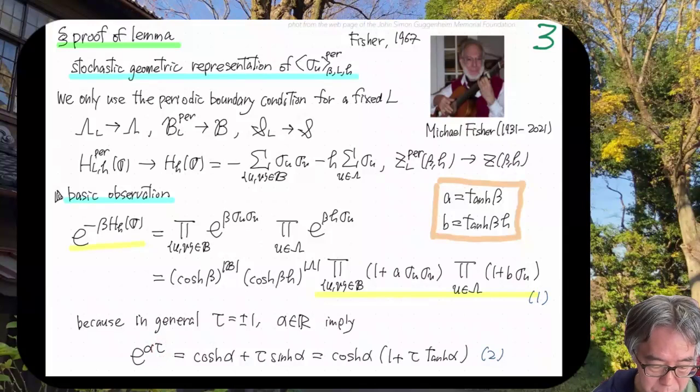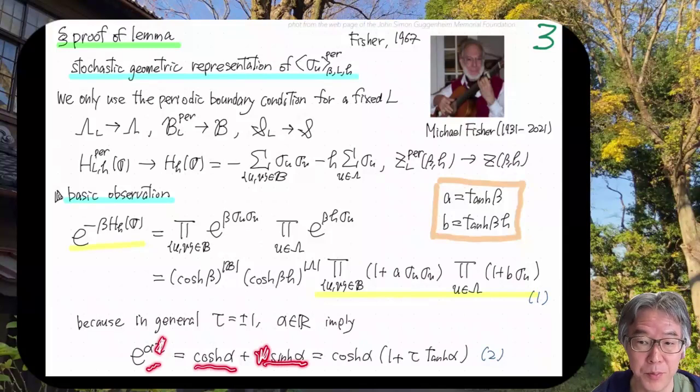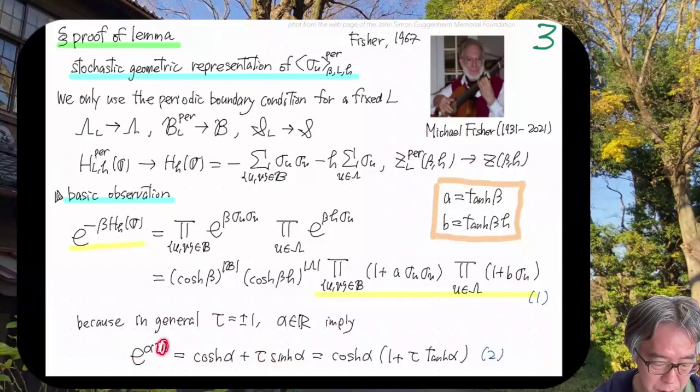Then this is e to the alpha, and this becomes hyperbolic cosine plus hyperbolic sine. But by definition, this is of course equal to this. The other case is suppose that this is minus. So this becomes e to the minus alpha, and this becomes this. But again, this is clear from the definition. So this looks fancy, but this is just a trivial identity.